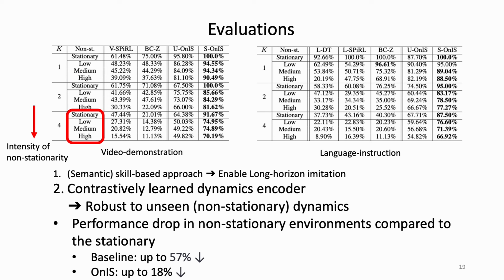Moreover, through the contrastively learned dynamics encoder, our framework demonstrates robust performance against unseen non-stationary dynamics. While the performance drop in non-stationary environments compared to stationary ones for the baseline was as high as 57%, our framework only saw a decrease of 18%.